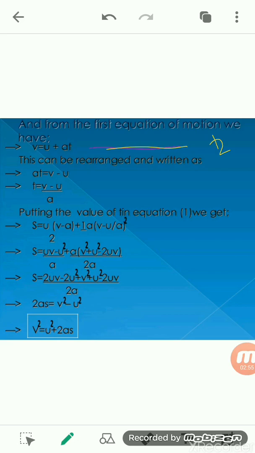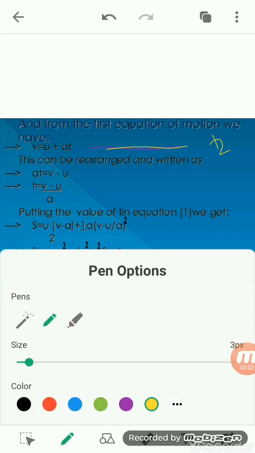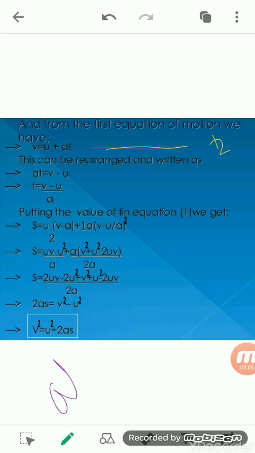We can rearrange this equation: at is equal to v minus u. When u goes to the other side, positive becomes negative, so it is minus u. So v minus u is equal to at, or t is equal to v minus u upon a, the acceleration. Now this is another equation, suppose this is the third equation.